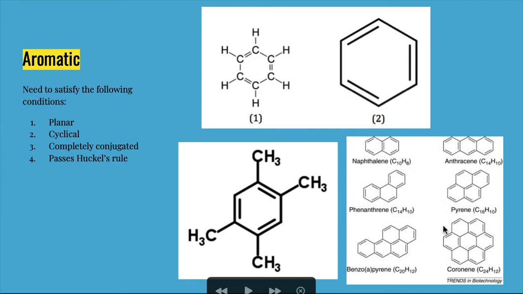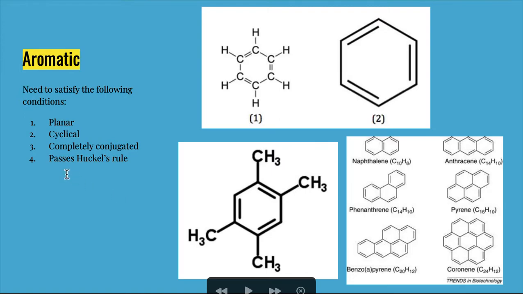And you can look at any of these compounds too. These are called polycyclic aromatic rings, or polycyclic compounds. And you can see that in any of these compounds, all of the carbons are part of some sort of double bond, which is representative of them being in a pi bond.